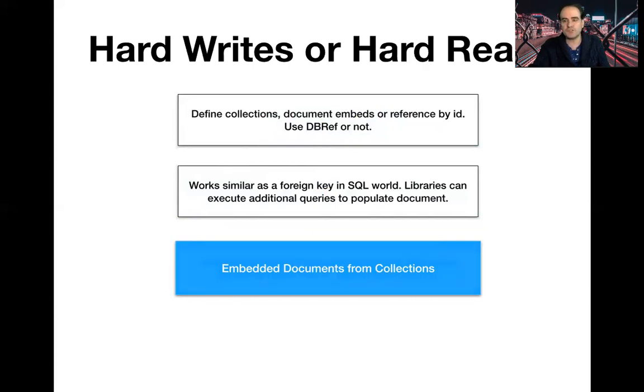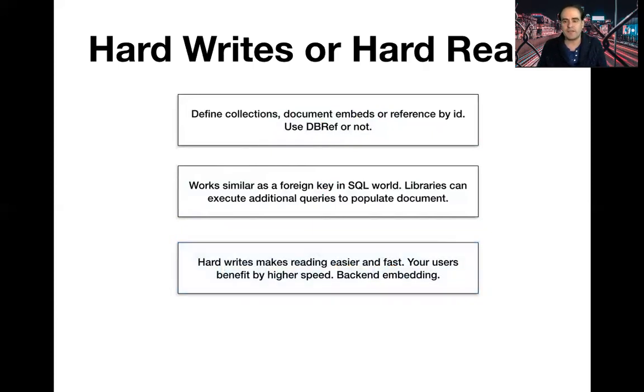Or the other option is document embedding. You have a main document, and then you have either a list of related documents inside, or other sub-documents, which can be from different collections, but you have them embedded there instead of just an ID.